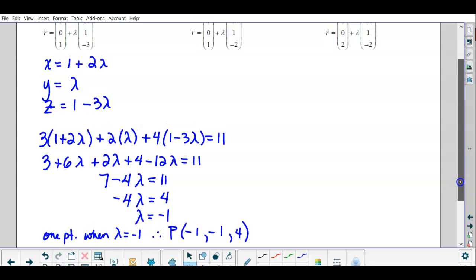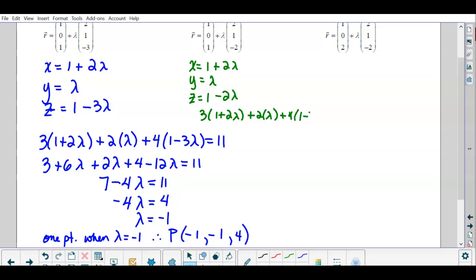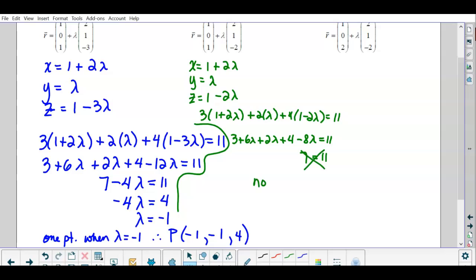And do the same for the next one. So you see the lambdas go to 0, and then you get 7 equals 11, which obviously it doesn't. So no points of intersection.